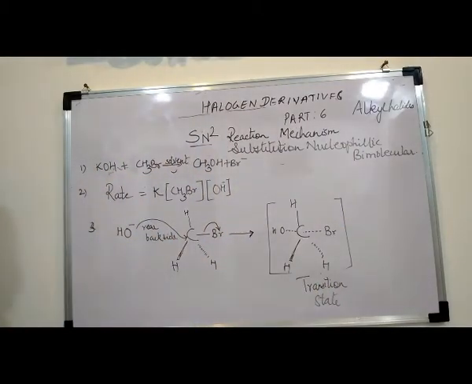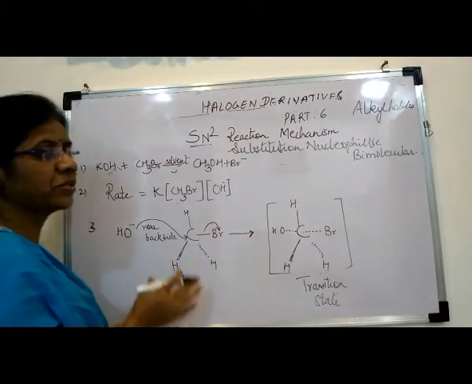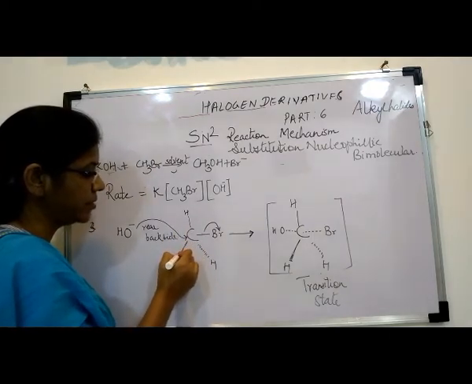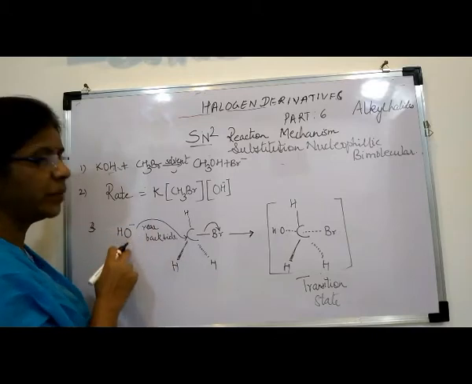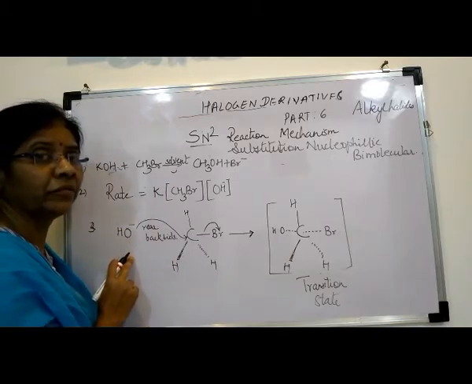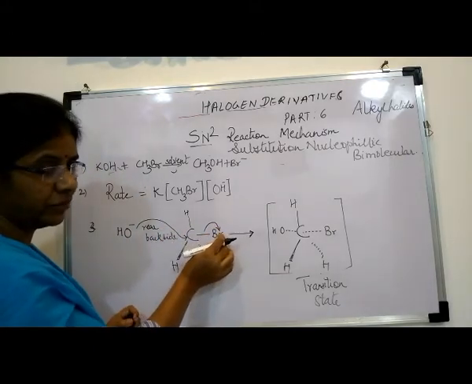Why is this happening? Because we want the reaction to take place, isn't it? The substrate, that is CH3Br, is to be attacked by the nucleophile. But remember, which nucleophile now? Br minus is also a nucleophile.